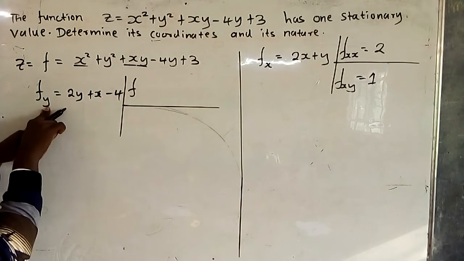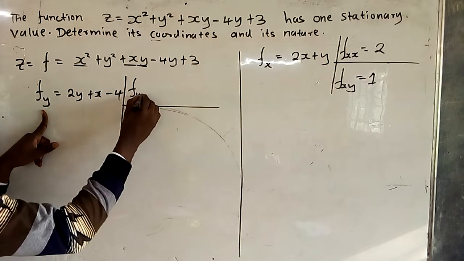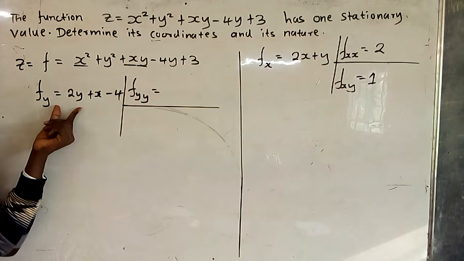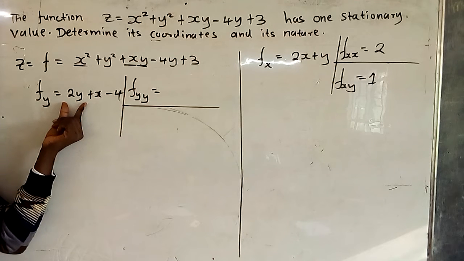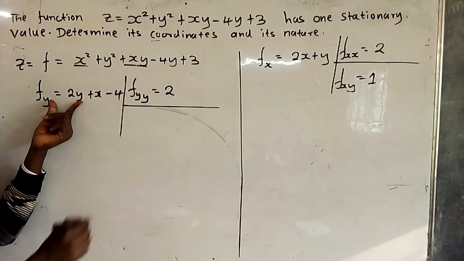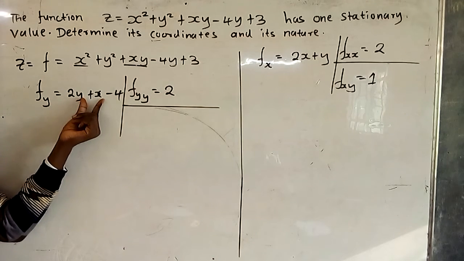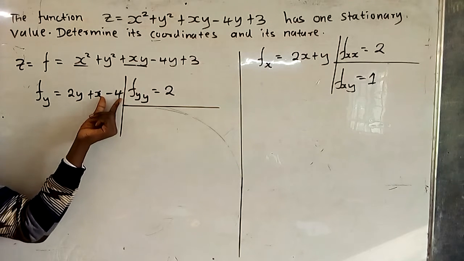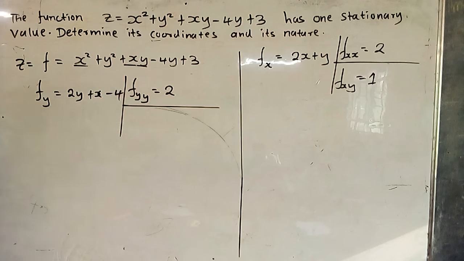The first time we did it partially with respect to y, the second time we now want to do it again with respect to y. Are we together? If we differentiate this partially with respect to y, only y is a variable, isn't it? So 2y partially with respect to y, you get 2. x partially with respect to y, it means it is a constant, you get 0, isn't it? Negative 4 is a constant, you get 0, you are done with that.